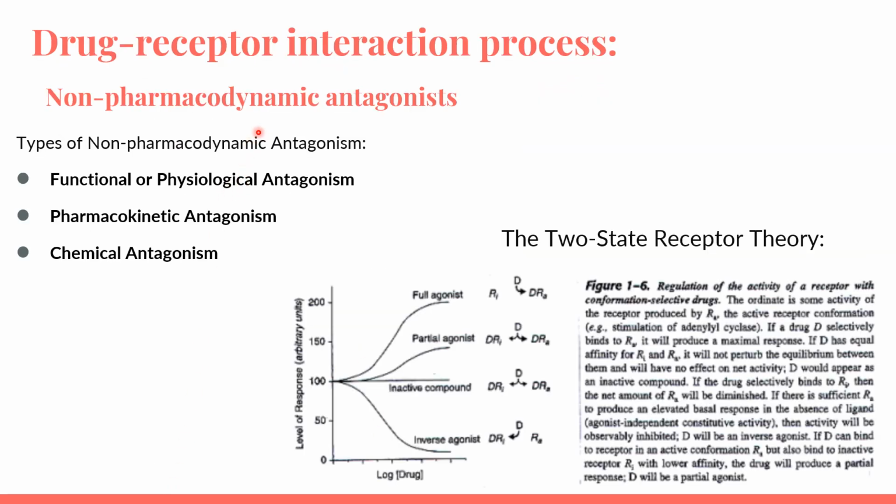Now, when it comes to non-pharmacodynamic antagonists, we have different antagonistic mechanisms: functional or physiological antagonism, pharmacokinetic antagonism, and chemical antagonism. A famous example of non-pharmacodynamic antagonists is the antacids.